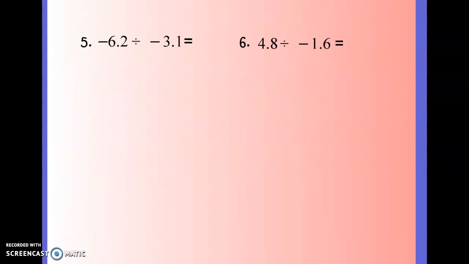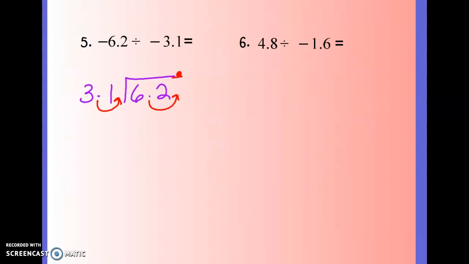Okay, let's do a couple more. Negative 6 2/10 divided by negative 3 1/10. I'm going to set it up. 6.2, and 3.1 is my divisor. I have to make my divisor a whole number, moving it one place, which means I have to move it one place here. I like to go ahead and add it to my quotient so that I know where it's going to go.